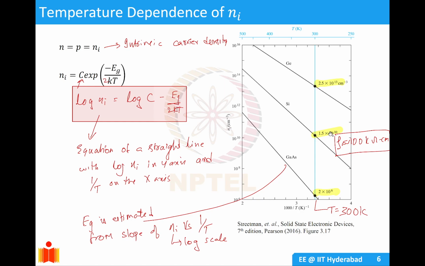For silicon, 1.5 into 10 to the power 10 per centimeter cube. This is called your intrinsic carrier density, where your hole concentration and electron concentration are equal. So your n equals p equals Ni, and it is given as Ni equals some constant times exponential minus Eg by 2kT.